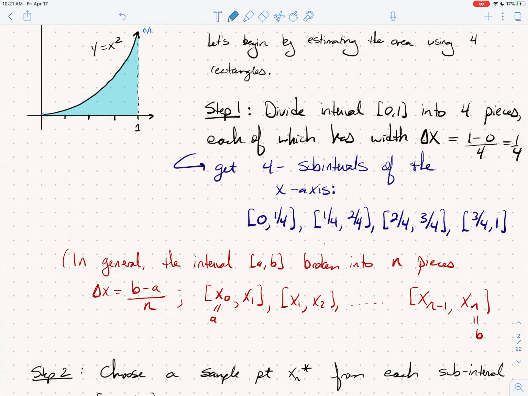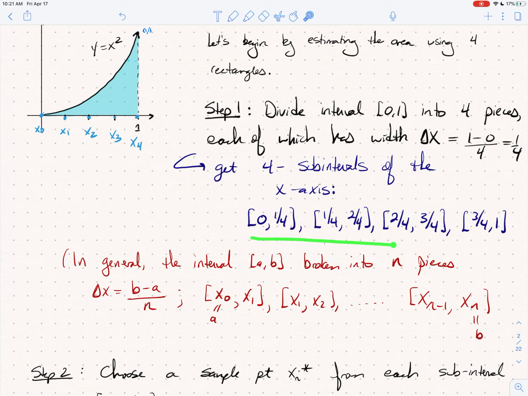For example, here, if we use this x notation, then this point right here would be x naught, and this point would be x1. This would be x2, x3, and this would be x sub n equals x4. And you might say, why do we need to do that? Well, I need to be able to capture more generally what we're actually doing here.